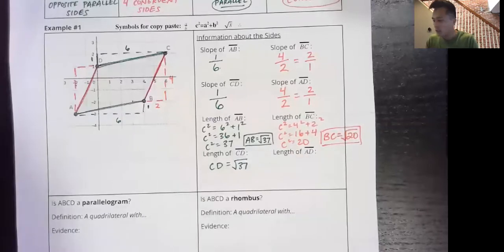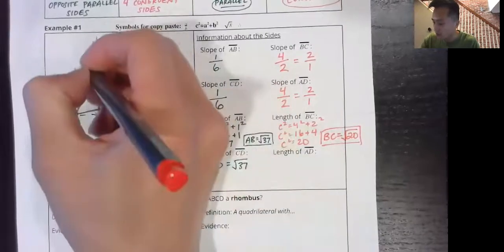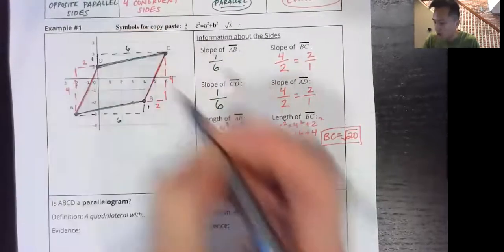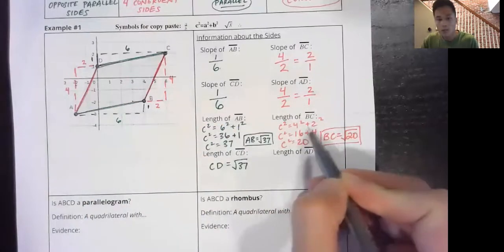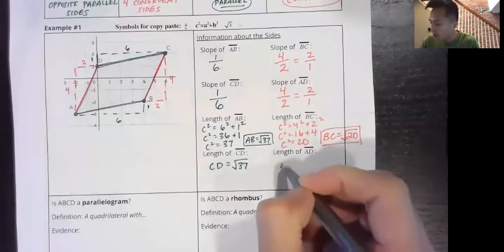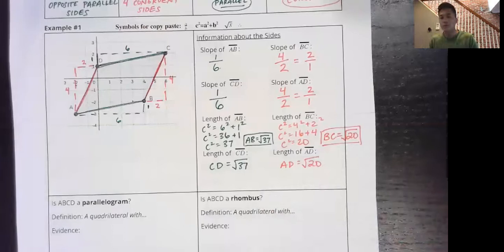And the same thing for AD. I can see it's the same type of slope triangle that I'm using over here with legs 2 and 4. So it would be this same equation up here. So I can say the length of AD is equal to the square root of 20. I don't have to show all of the work again.